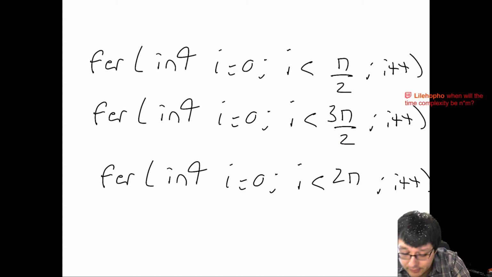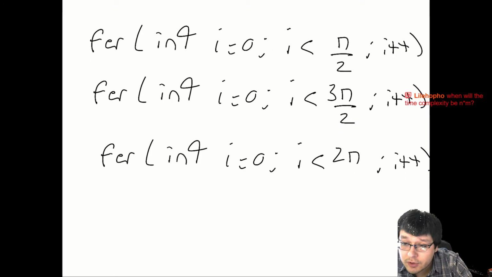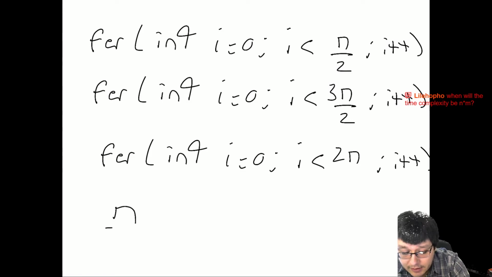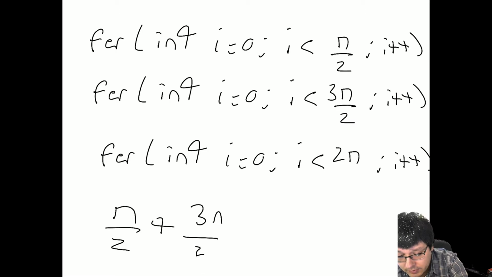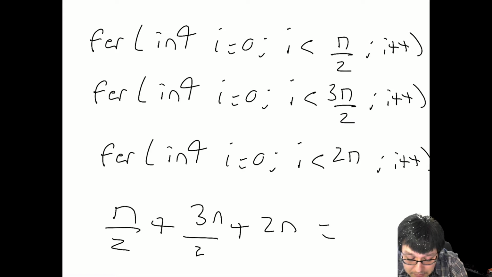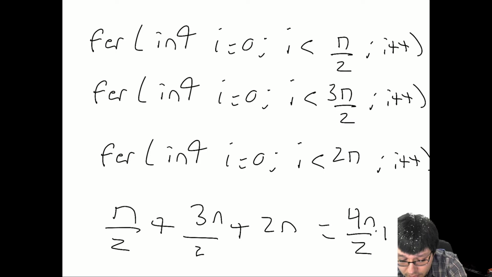In these cases, if it's sequential, you add them together. So instead of this being n, it becomes n divided by 2 plus 3n divided by 2 plus 2n, and you just do some algebra. Basically, just add these two together. This becomes 4n divided by 2 plus 2n.